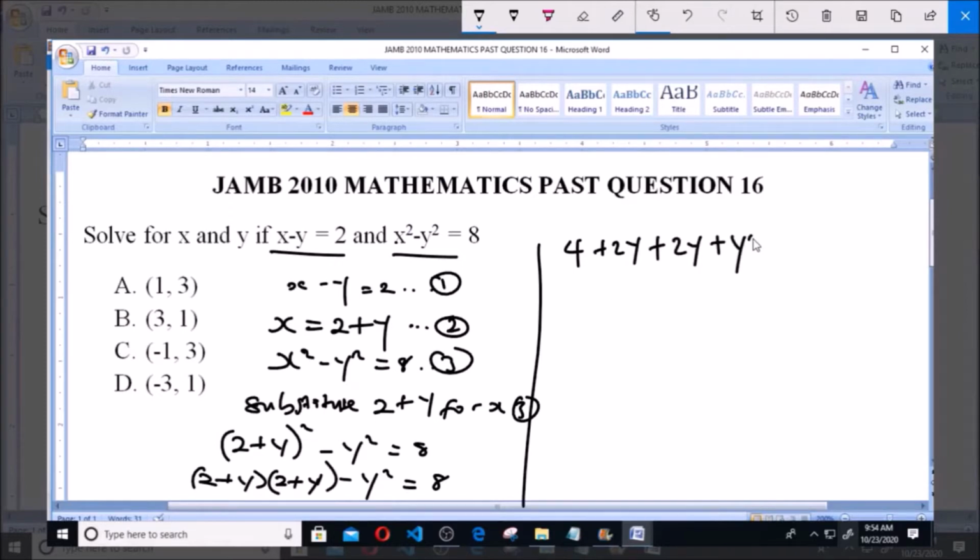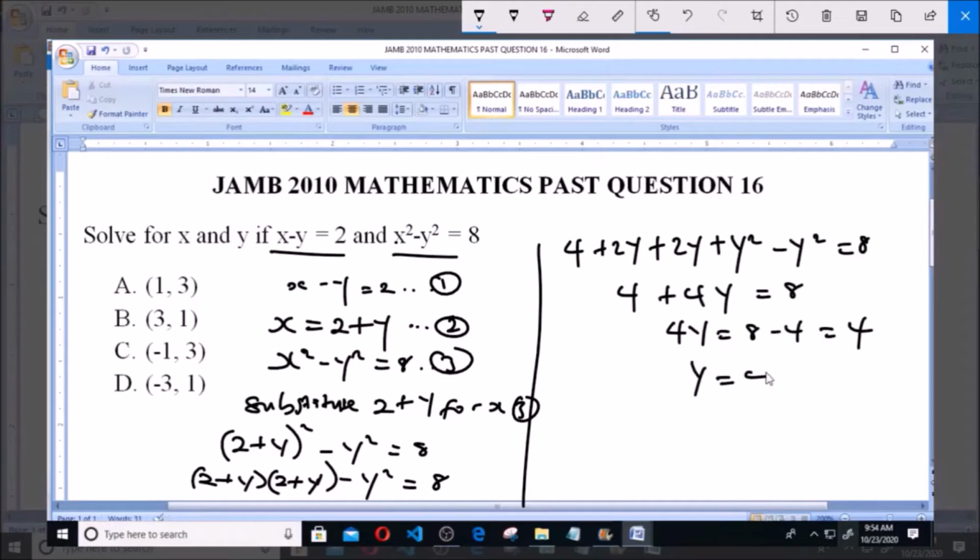Now y squared minus y squared gives us 0, so we have 4 plus 4y equals 8. Then 4y is equal to 8 minus 4, which is 4, meaning that y is equal to 4 over 4, which is 1.